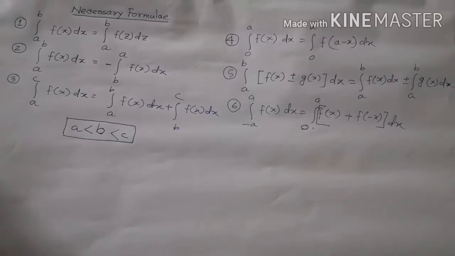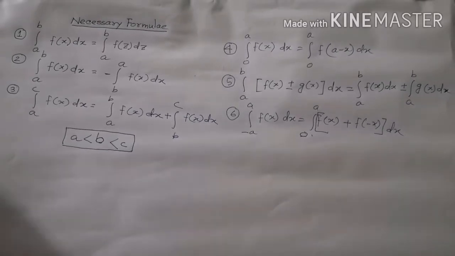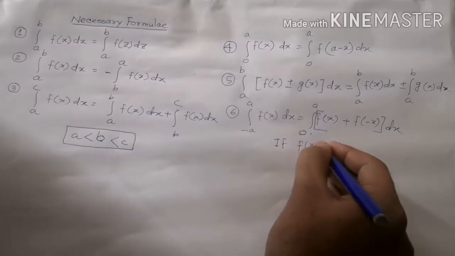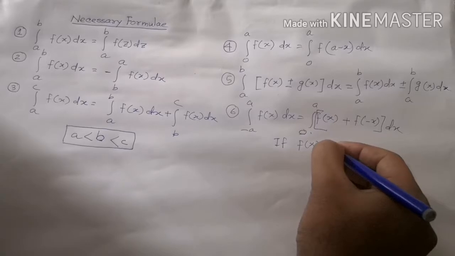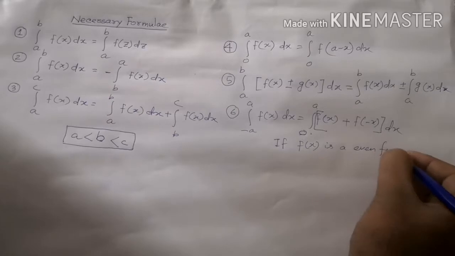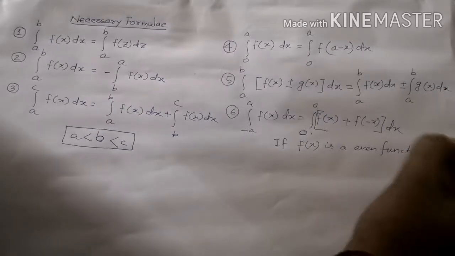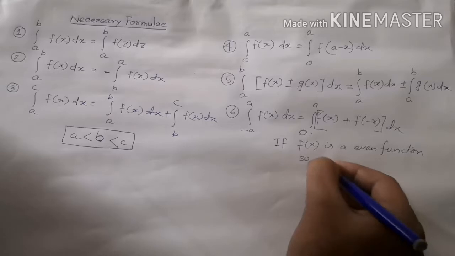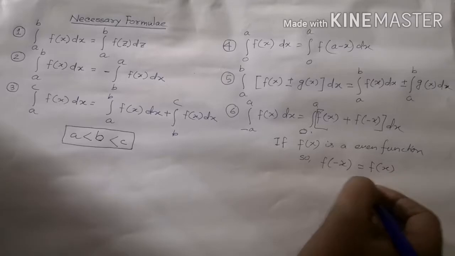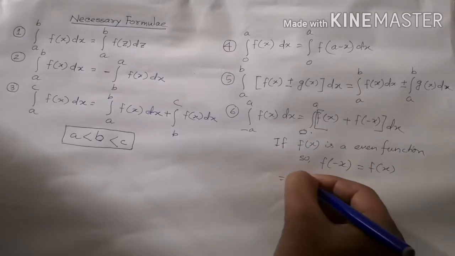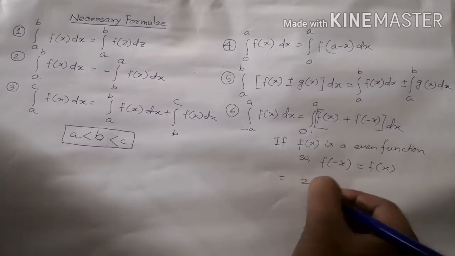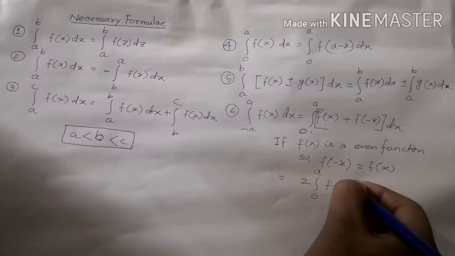From this formula another formula will be derived: if f(x) is an even function, so f(minus x) equal to f(x), in that case the formula becomes 2 into integration 0 to a f(x) dx.